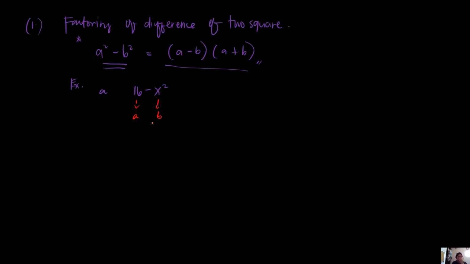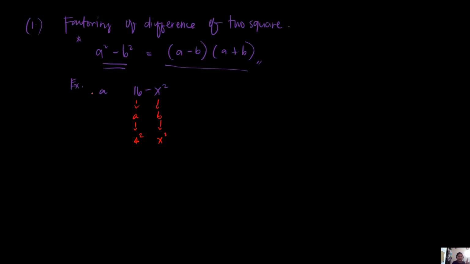As you can see, if you are familiar with the multiplication table, all perfect square numbers fall under difference of two squares. We can identify faster if they are under difference of two squares if we memorize or are familiar with the perfect squares. So we know that a is 4 because 4 squared is 16, and our b is x squared.